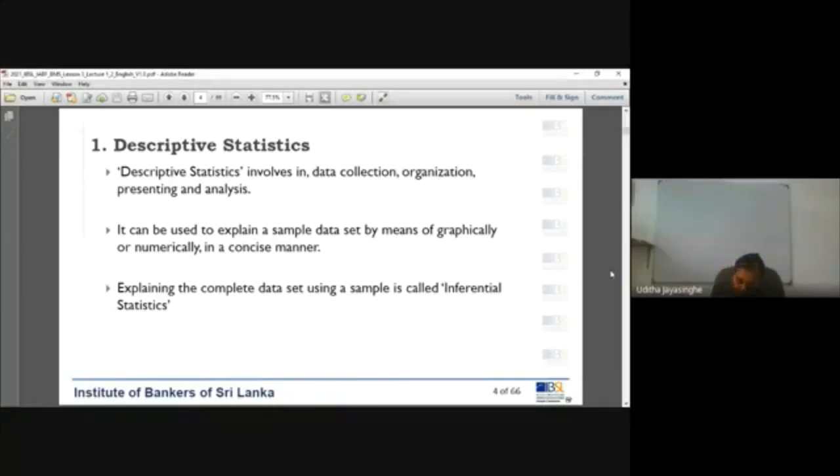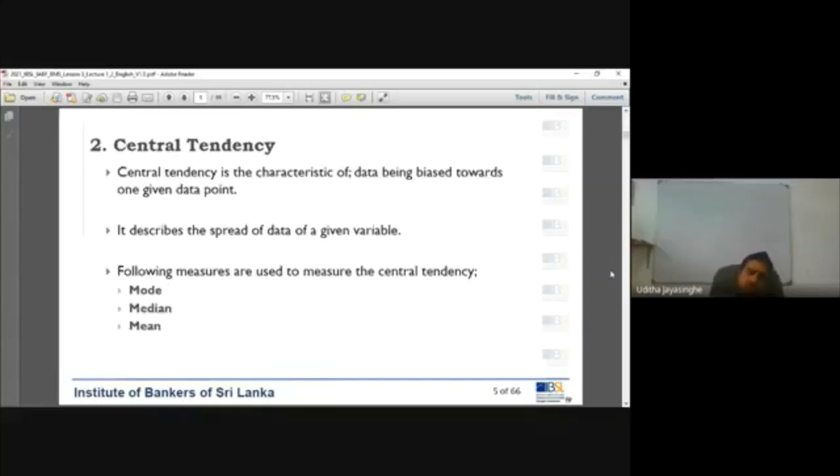So the first two points are about the studies that we have taken so far, and the third point, inferential statistics, is the point that I'm going to take from next onwards to talk about some characteristics of a particular data set.